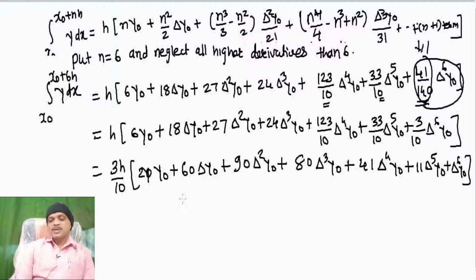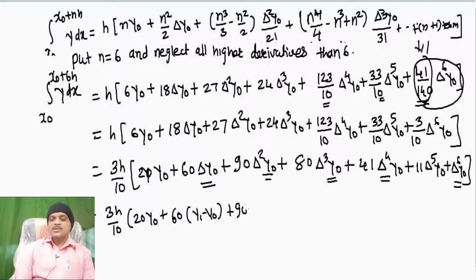Now apply the coefficients to see the coefficients of y0, y1, y2 in the expansion of delta raised to 6. This is very simple. You can see 3h divided by 10 into 20y0 plus 60 into delta y0, meaning y1 minus y0, plus 90 into delta square y0, that is y2 minus 2y1 plus y0, a square term expansion; look at the coefficients 1, minus 2 and 1.